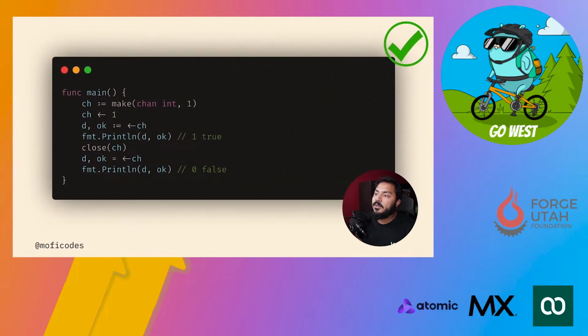In our example, say we have a buffered channel of size 1, we send 1 to it, and we try to read that value with ok. We will see that it prints 1 and true, because the value is 1 and ok is true. ok basically means the channel is still open. Now, if we close the channel and try to read data from it again, that would also work. We'll get the value 0, but ok in this case will give us false because the channel is no longer open.